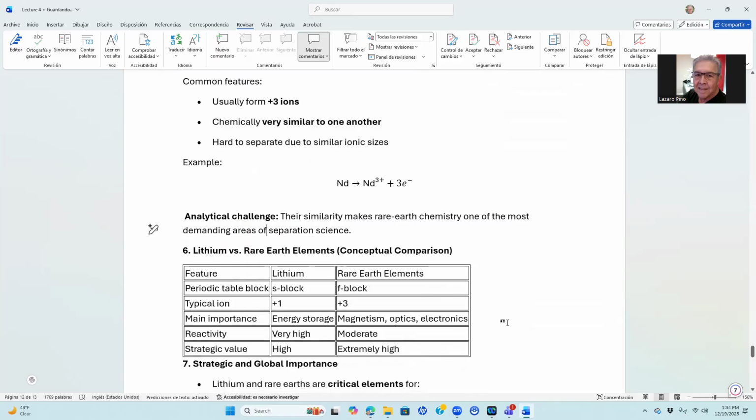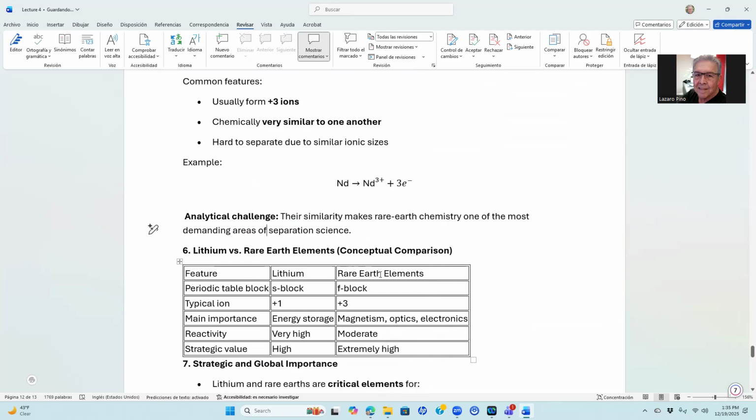Here you have some comparisons. For example, lithium is in the S block. The typical ion is positive +1. And important is that it is used as energy storage in the batteries. The reactivity is very high and the strategic value is very high too.